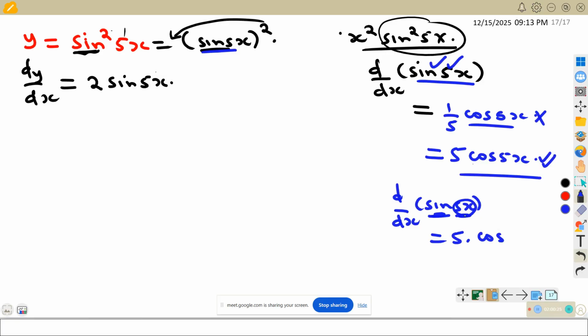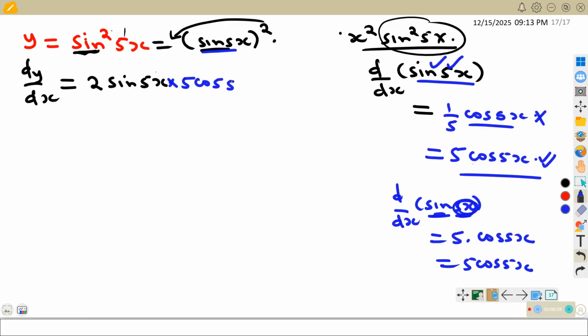So you have cos, then the angle is 5. Return it back. So it becomes 5 cos of 5x. So in other words, here we shall multiply by 5 cos of 5x. And this will give us 2 times 5 is 10 sine of 5x cos of 5x. Still, if you look at this, someone should be able to tell us what is the expression that we can substitute with if we have sine of 5x cos of 5x.